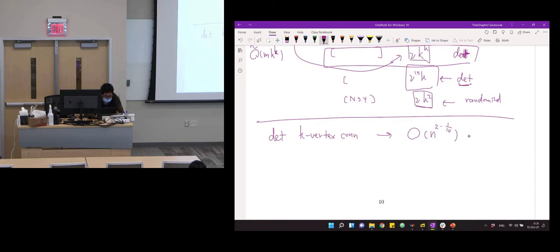It's not near linear yet, but the n squared bound can be broken already.